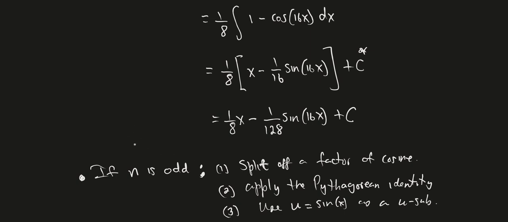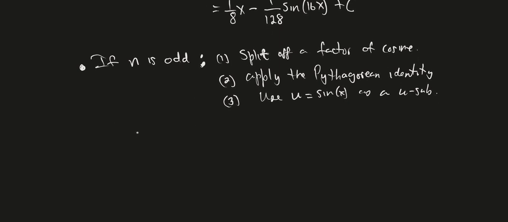So it turns out in the case where at least one of your powers is odd, the whole idea of this process now is to convert the integral into one to which we can apply a u substitution. All right, so let's see how that works.